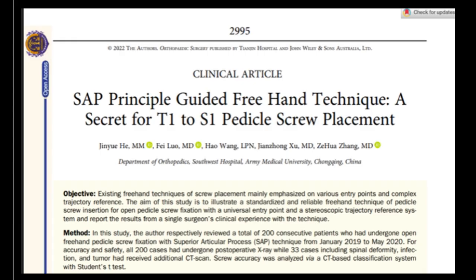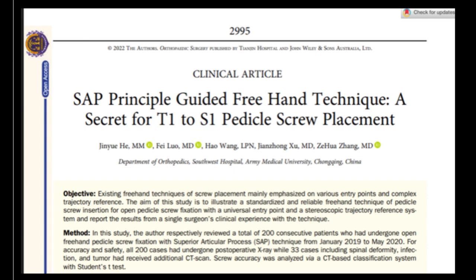Okay, so there is this paper called the SAP principle guided freehand technique. This is also a very interesting paper. In this they are recommending the superior articular facet as a guide for entry point from T1 to S1.